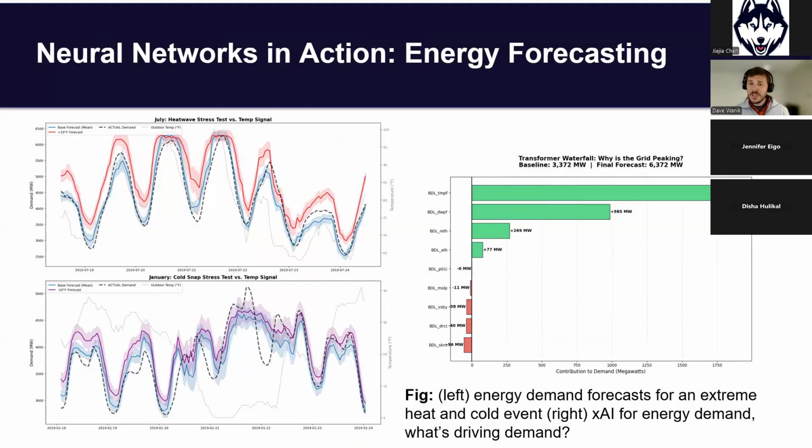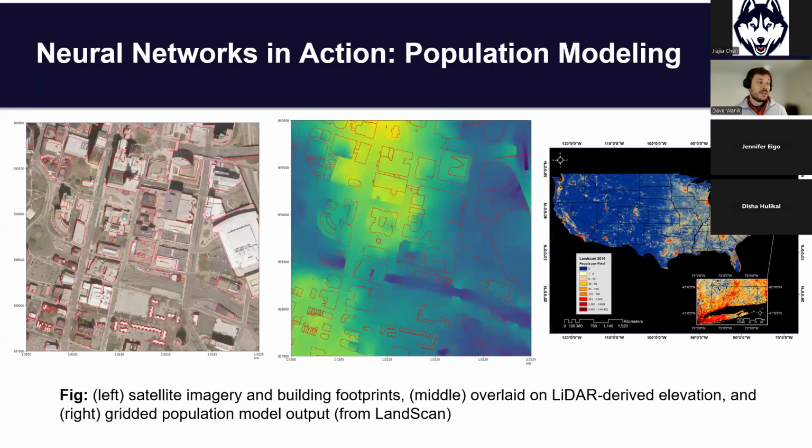So I wanted to show you some of the things that I like to do. So here's an example of some energy forecasting where I will use a neural network to take a time series of weather at the different airports in New England, and I'll predict how much energy is being used. And I'll also put the explainable AI piece on top of it and say, what's driving the prediction at this time step? Further, I got my background in environmental engineering, and so I'm very good with geospatial data processing, and I'm very interested in deep learning applications of GIS.